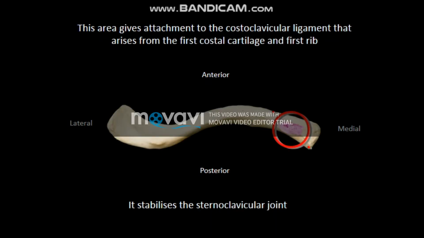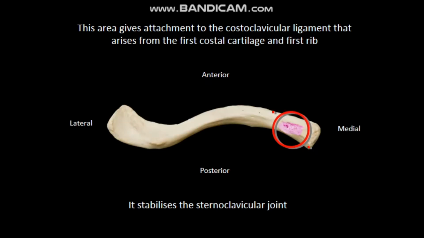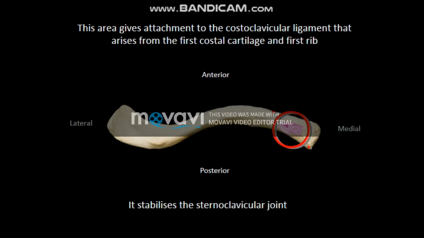This area is known as the costoclavicular area, and it gives attachment to the costoclavicular ligament that arises from the first costal cartilage, that is, the first rib. What is its function?